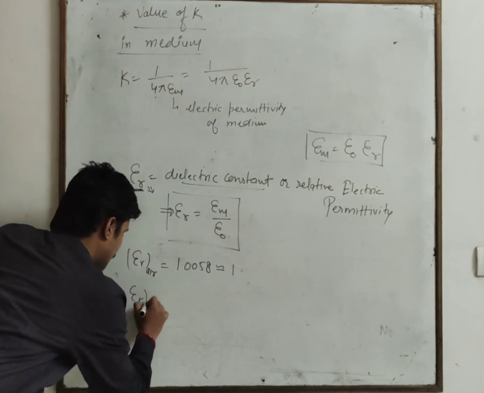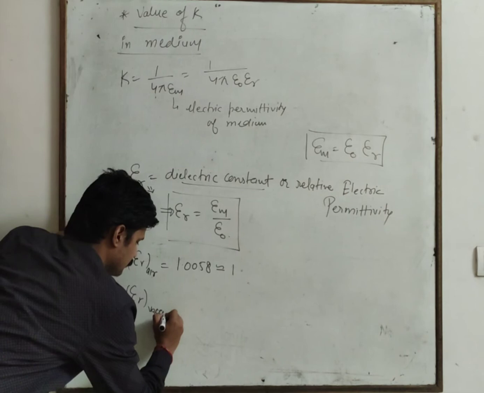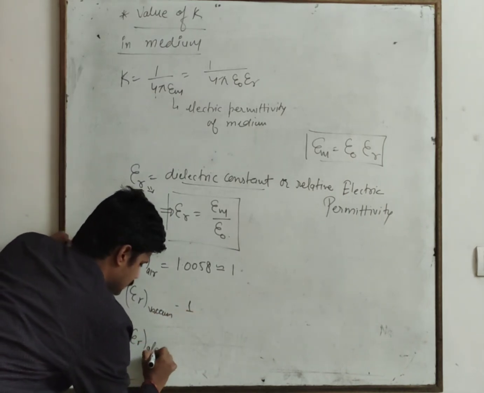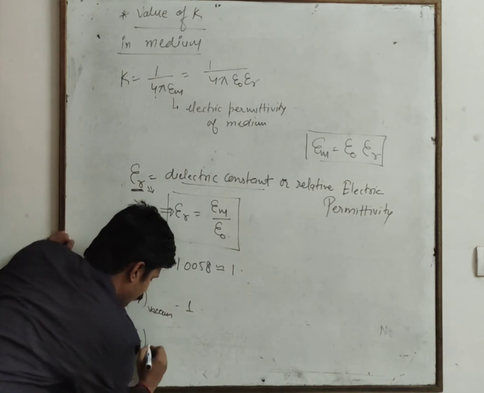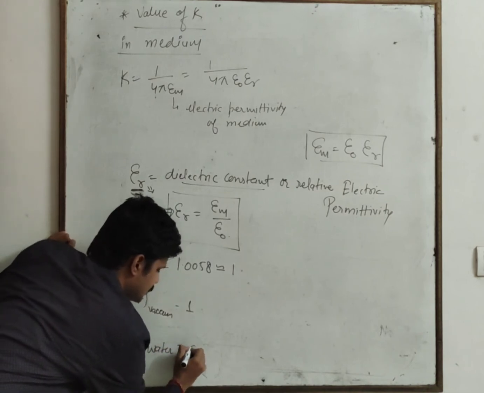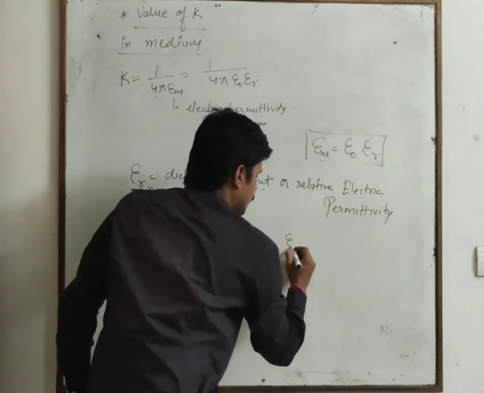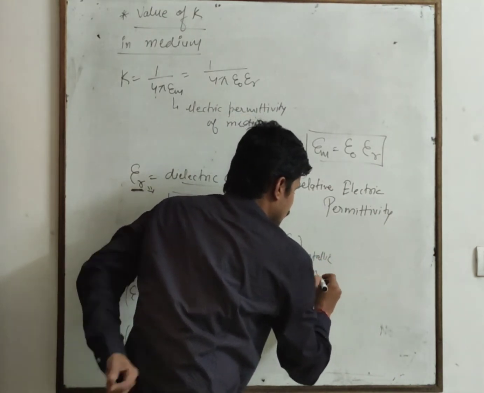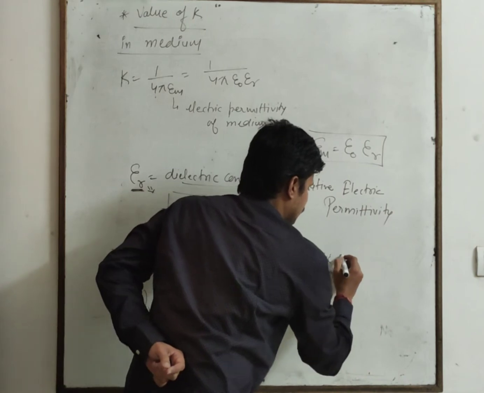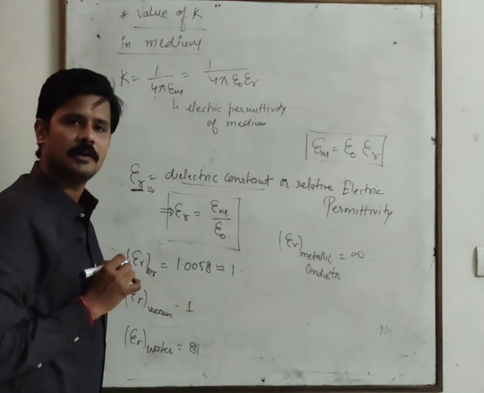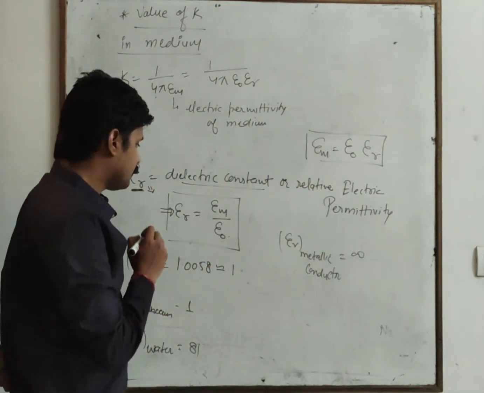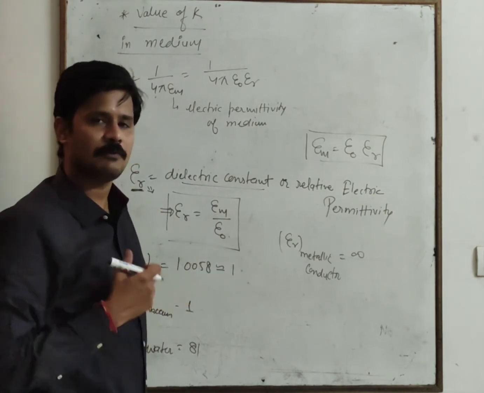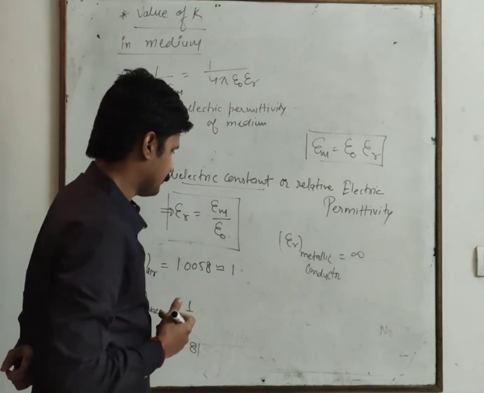And epsilon r for vacuum is 1. Epsilon r for glass, for water is 81. And epsilon r for metallic conductor is infinite. It means the value of epsilon r is different for different medium.